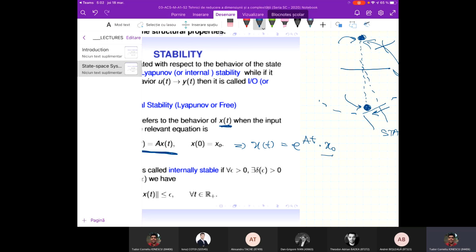Now, what happens to the time evolution of this formula? Of course, your intuition is telling you that a system is stable if the state vector x of t is going to what? When t goes to infinity. Where should x of t go for a system to be internally stable?